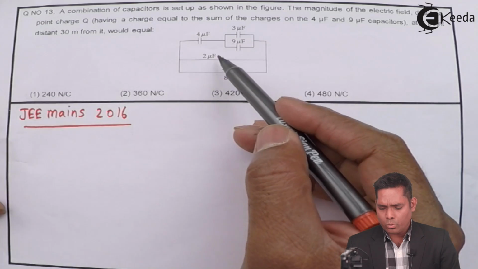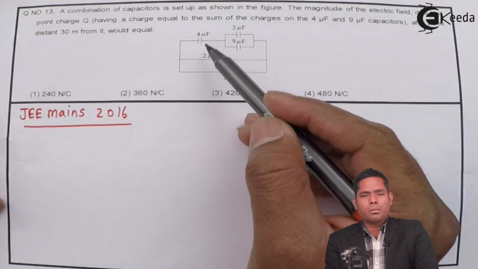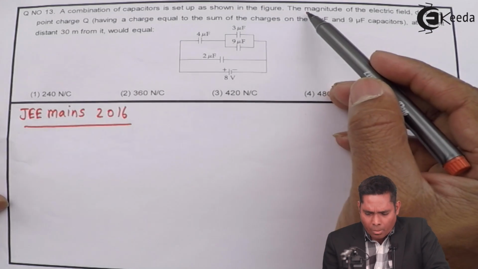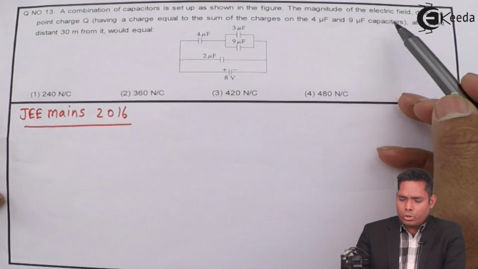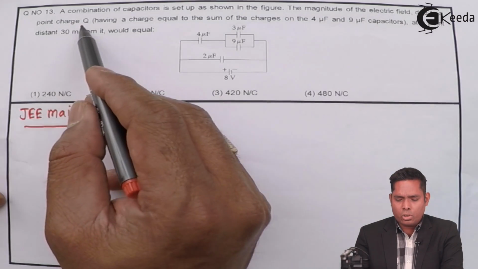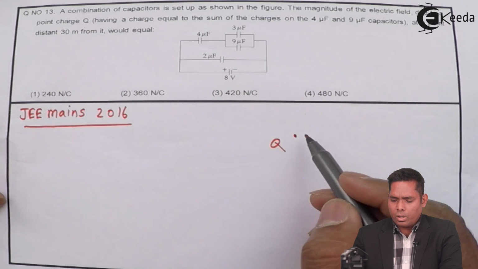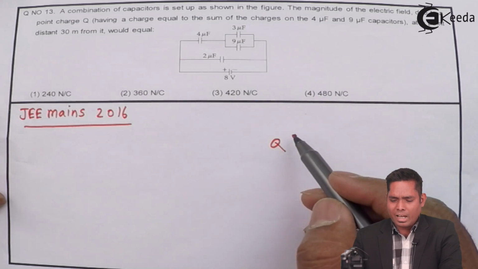There are 1, 2, 3, 4 capacitors. These are in parallel. This is with series and they are in parallel with 2 microfarad capacitor. The magnitude of the electric field due to a point charge Q, what is the charge?